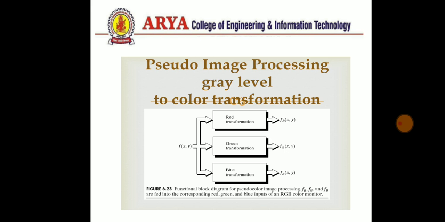In the green transformation, the output is denoted as fg x comma y, because all the pixels which go through this transformation will have the color green. In the blue transformation, the output is denoted as fb x comma y, because the output after this transformation will have the color blue.